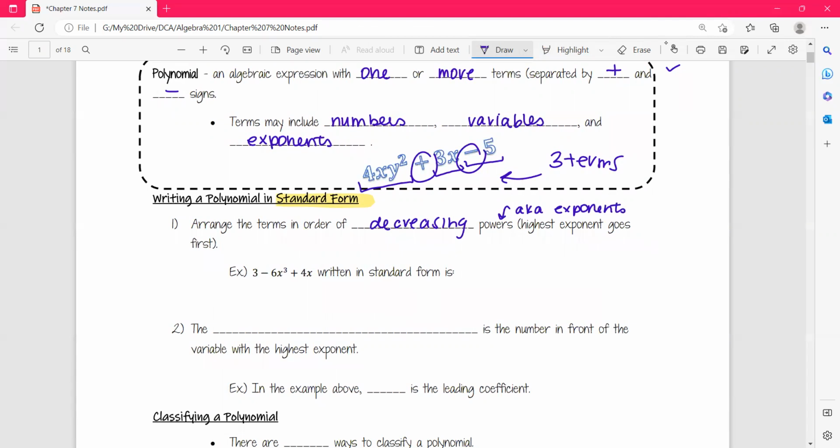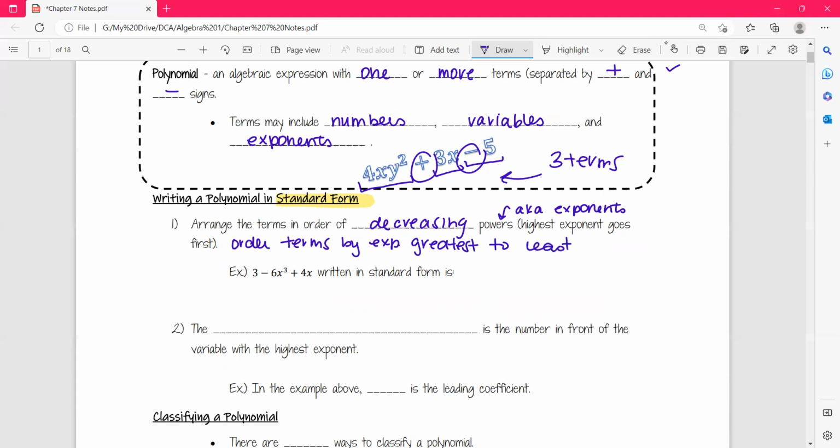And if decreasing powers makes sense to you, wonderful. If you need another way to remember it, it's order terms by exponents greatest to least. So they're decreasing.